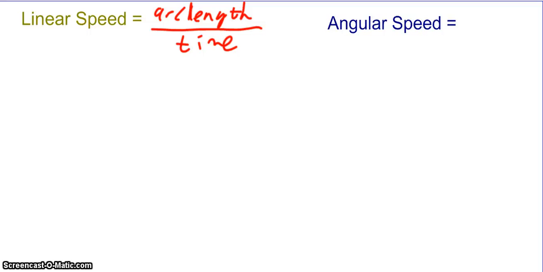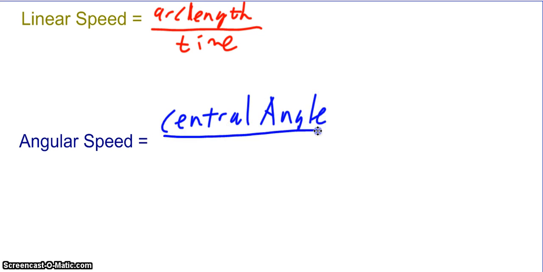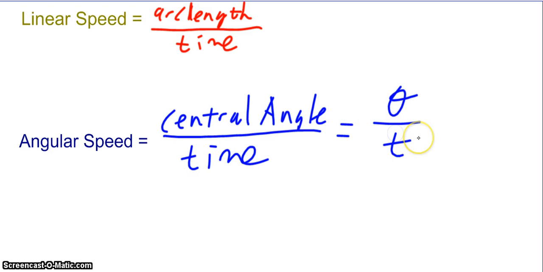Then we also have what we call angular speed, and angular speed is the speed at which the central angle is moving. Angular speed is not affected by the radius, whereas linear speed is.